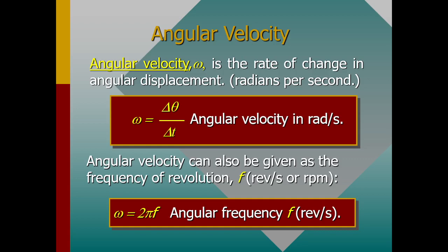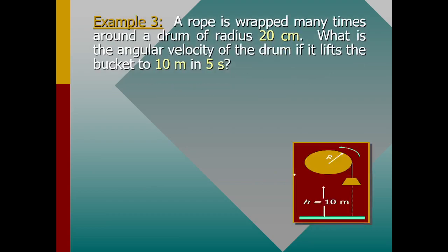So if you miss this, you won't be able to know angular momentum, angular work, energy, and power. So let's move on. This is the relationship between angular velocity and the frequency.